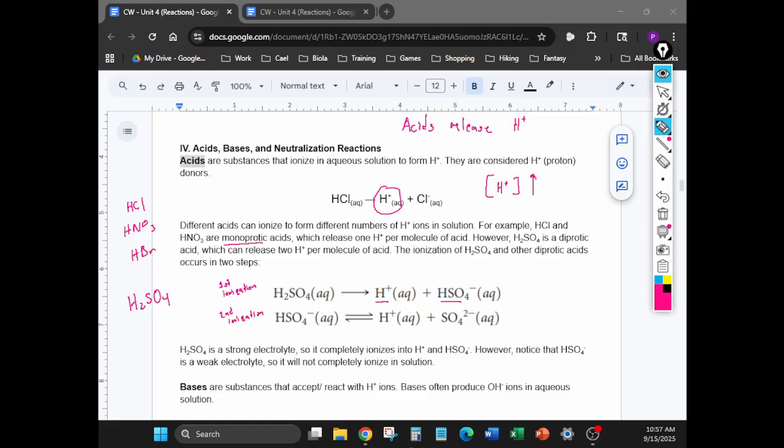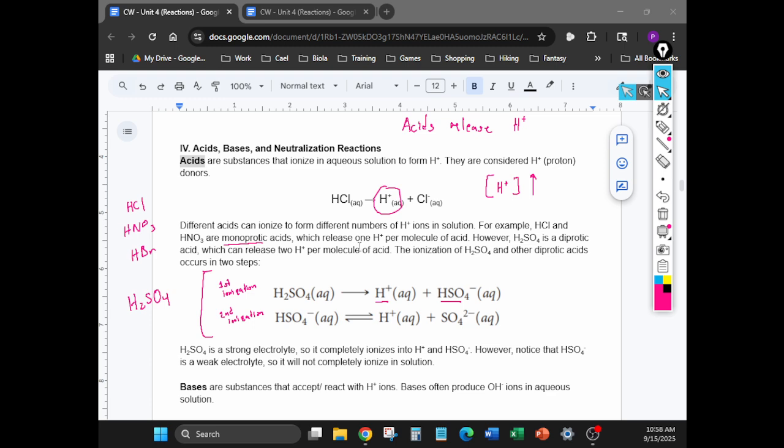We'll talk a lot more about this later in the year, in the spring. I think we have about 2 months where we just talk about acids and bases, and it's a big component of the AP test. So we'll get into more detail, but just know this for this unit: there's monoprotic and diprotic, and diprotic releases one hydrogen at a time.